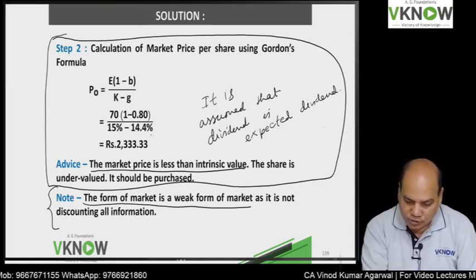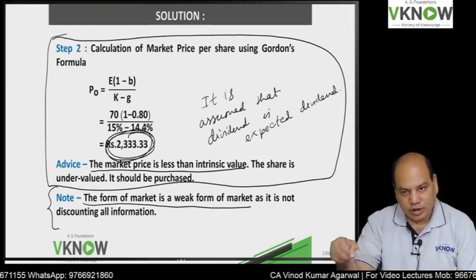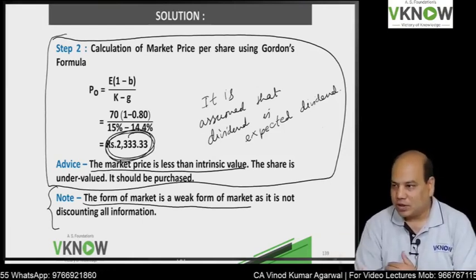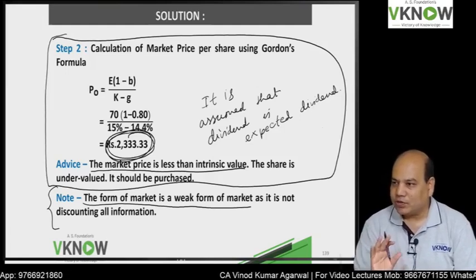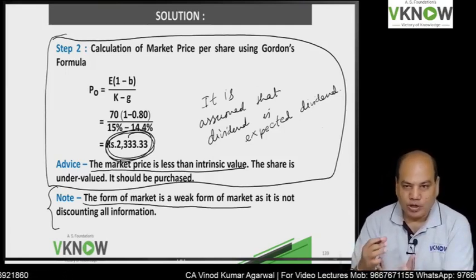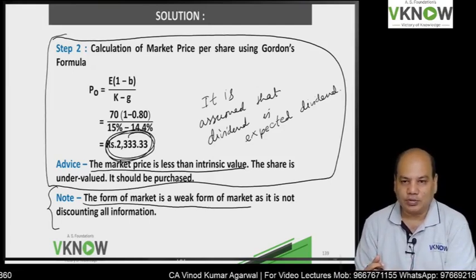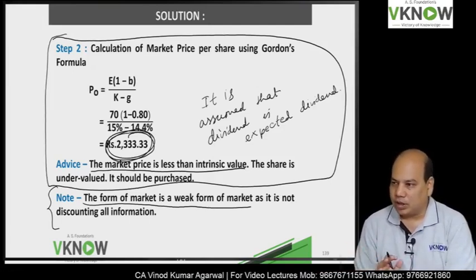There is a huge difference between what it should be and what it is. So still there is a gap. It's not a strong form of market. It is not a semi-strong form of market, because in semi-strong form, all published data is already taken into account. So it can be only weak form of market.